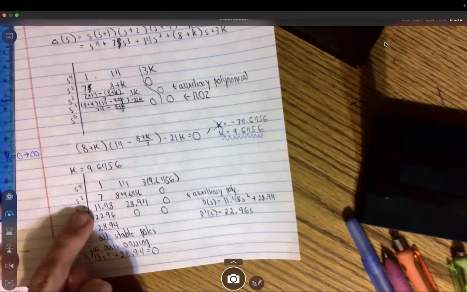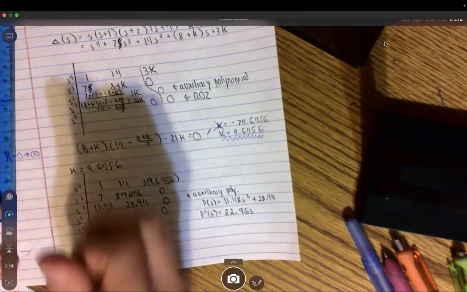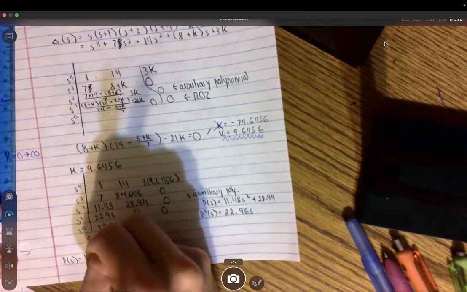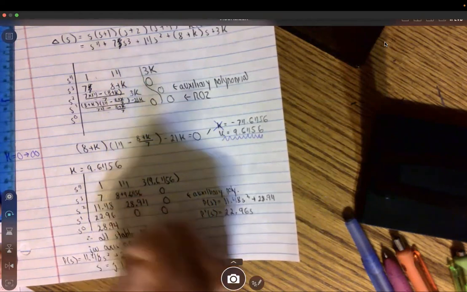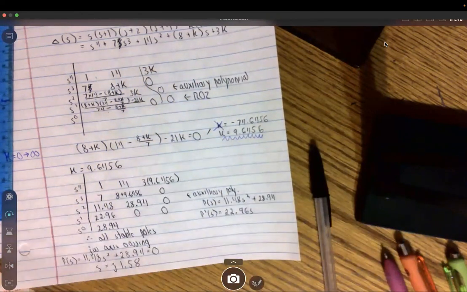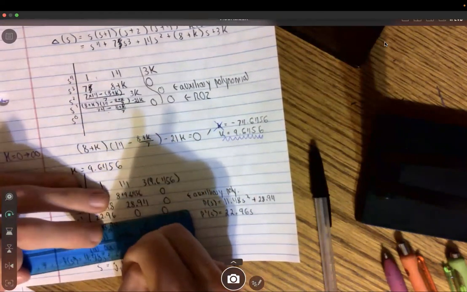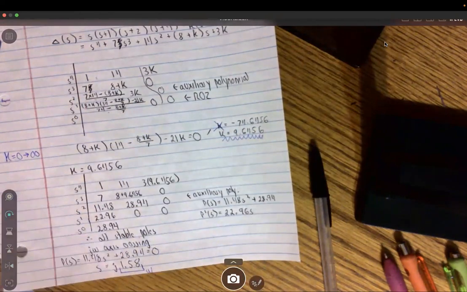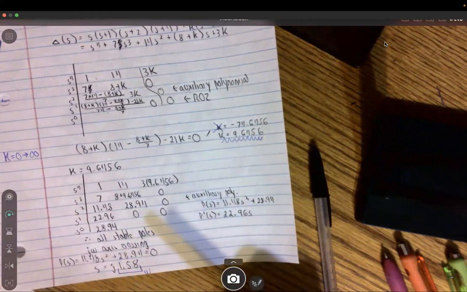Because it's to the power of 2, when you solve for s using the quadratic, you get s equals j 1.58. This is your omega, because remember, j omega. So this is your omega value, 1.58.